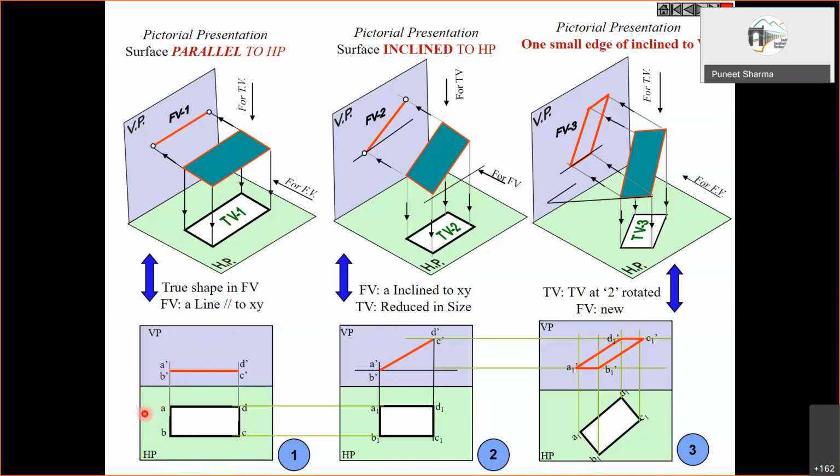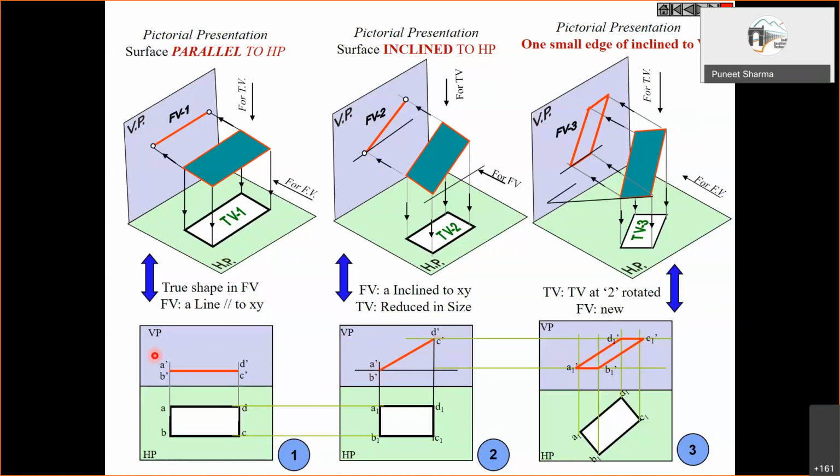So the first step will remain crucial many times, because we cannot commit a mistake here, right? When we have to draw it in the second step, we try to achieve the condition that the surface is inclined with the horizontal plane.